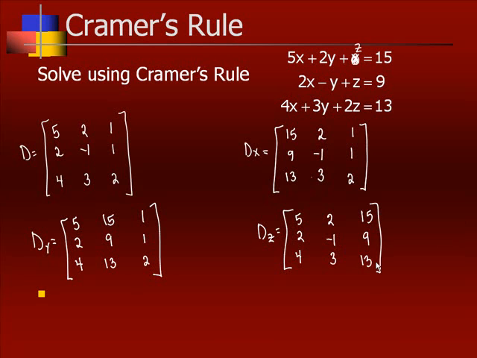I like the method that says rewrite the first 2 columns so that you get 5 columns, and then multiply the diagonals.